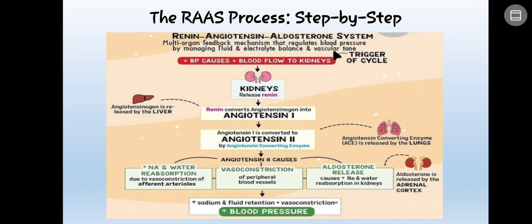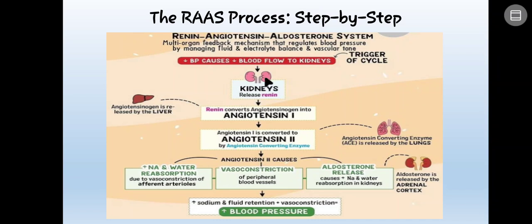So the kidney has a specialized way that it monitors the concentration of sodium that is flowing through the distal convoluted tubule. And how is that possible? It is possible with the presence of what we call macula densa cells, and these cells are located in the distal convoluted tubules.